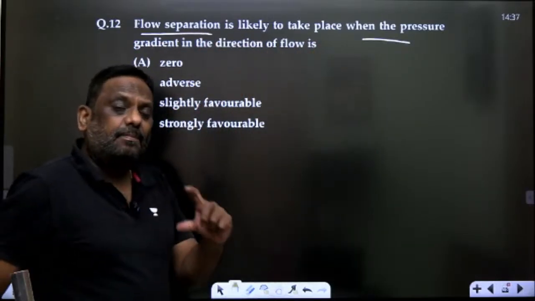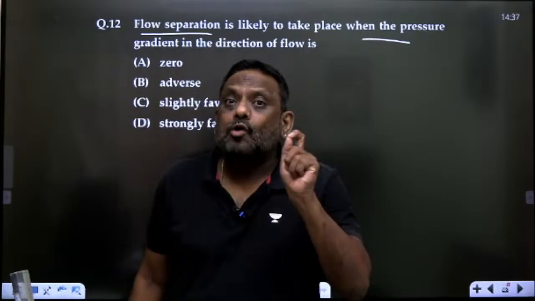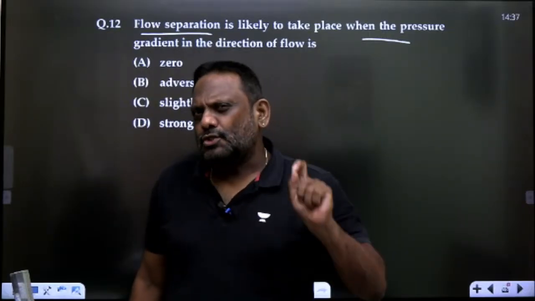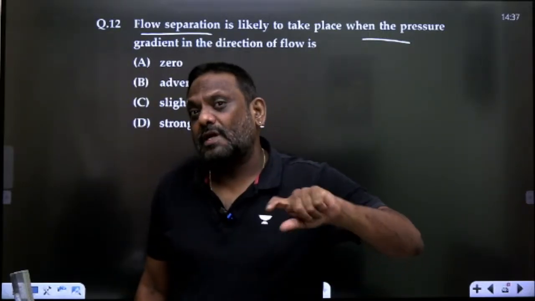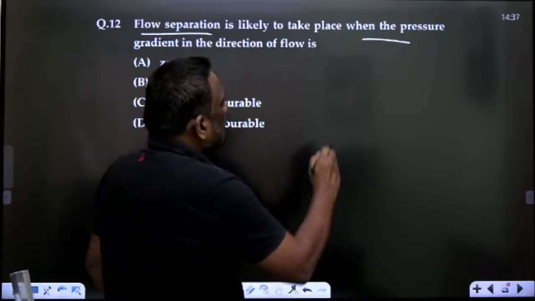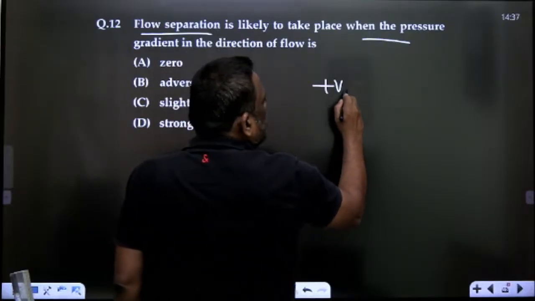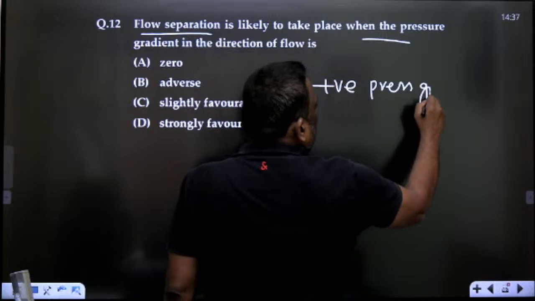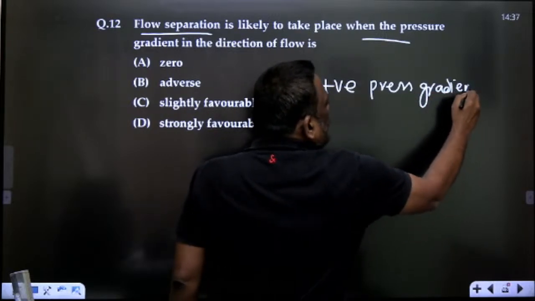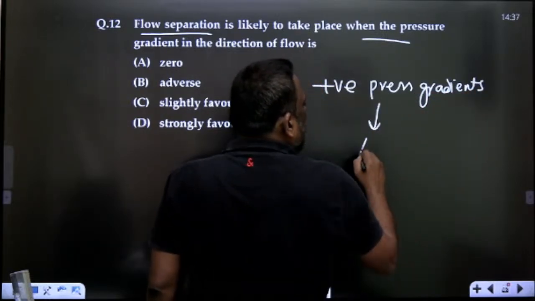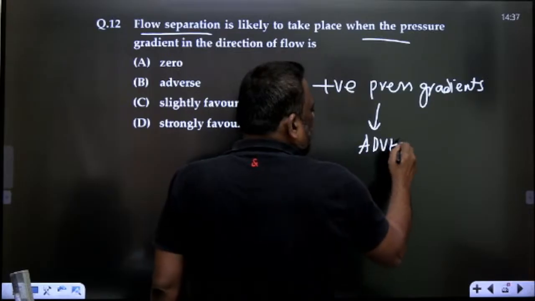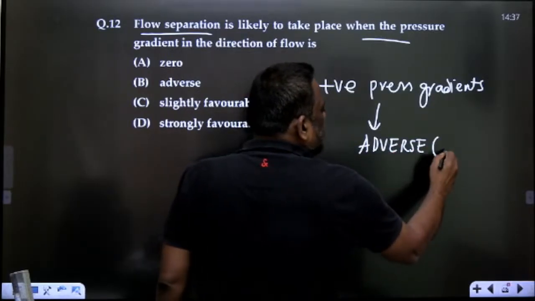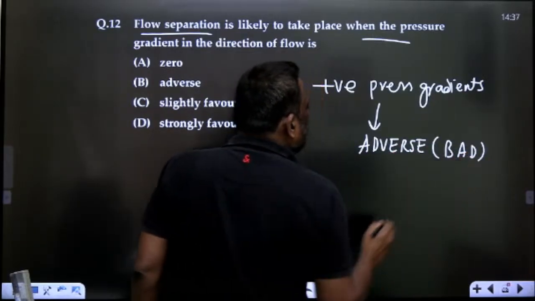The flow separation is likely to take place. In which pressure gradient does flow separation occur? Positive pressure gradients. Positive pressure gradients are known as adverse pressure gradients. So boundary layer separation occurs under positive pressure gradients. Adverse means bad.